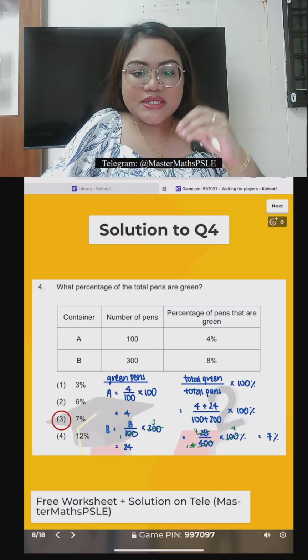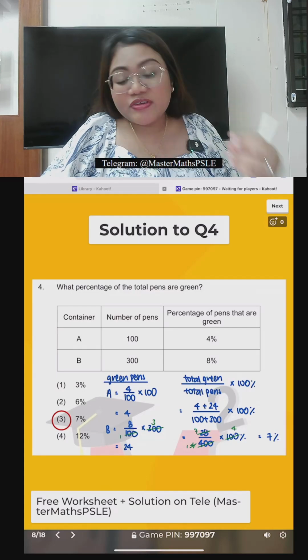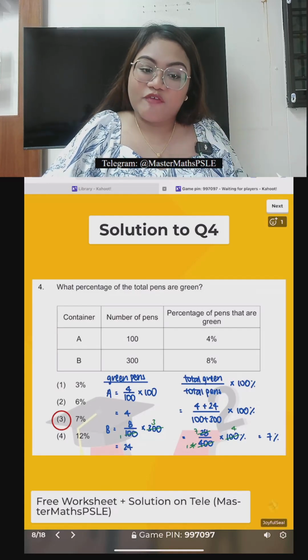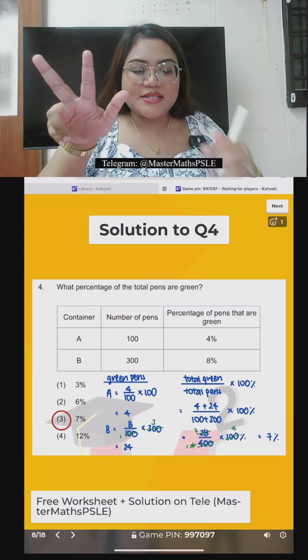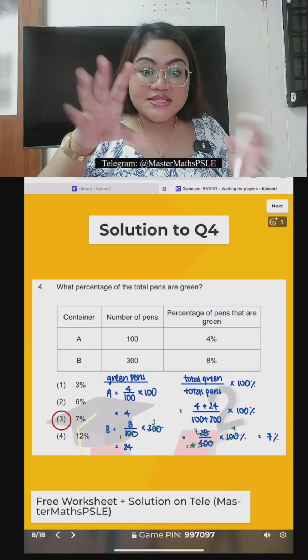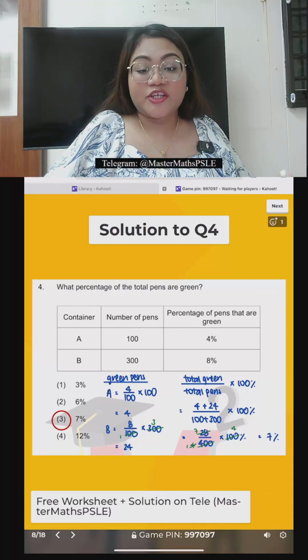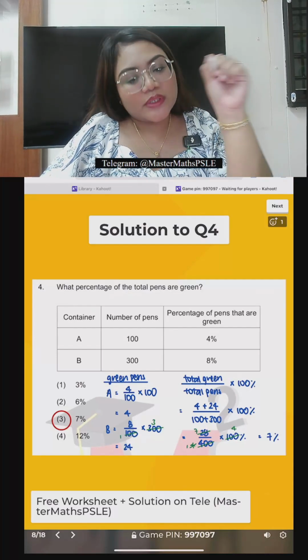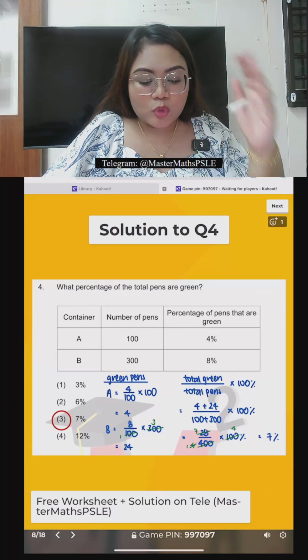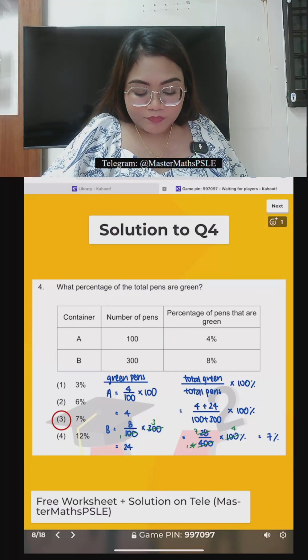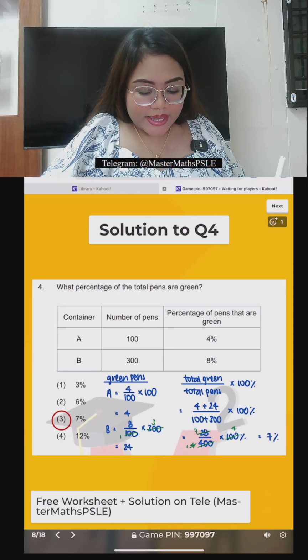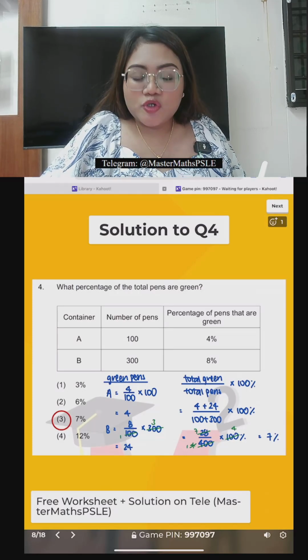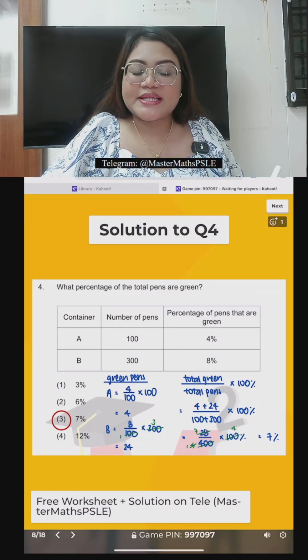Whereas for B, it is 8% of 300 pens, so that's 24 pens. So I got 4 pens and 24 pens. In total, you will get 28 green pens. So you need your 28 green pens out of the actual total in both containers, and that will be 400. So 28 over 400, you convert it into percentage, you will get 7%.